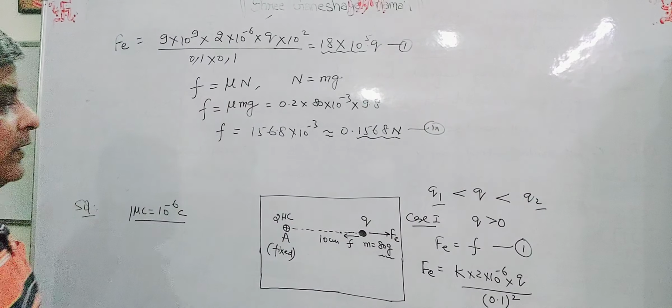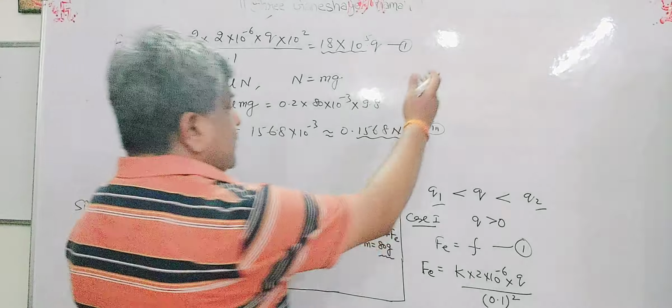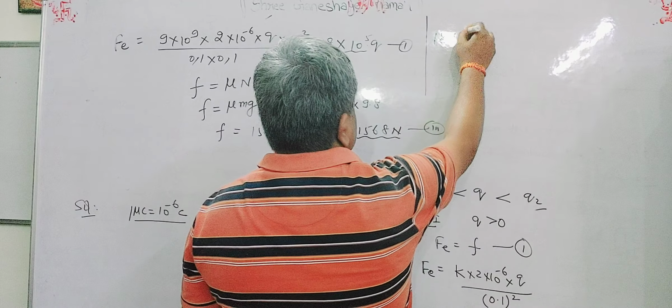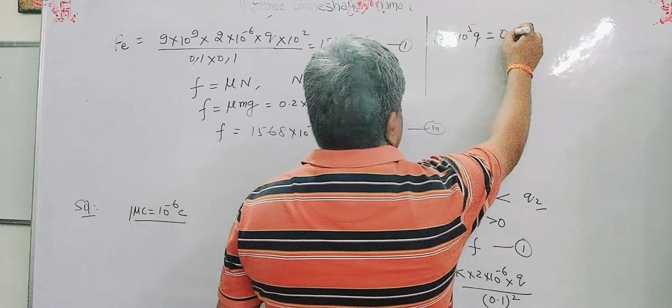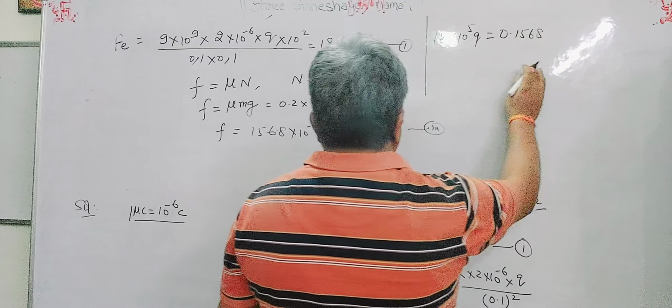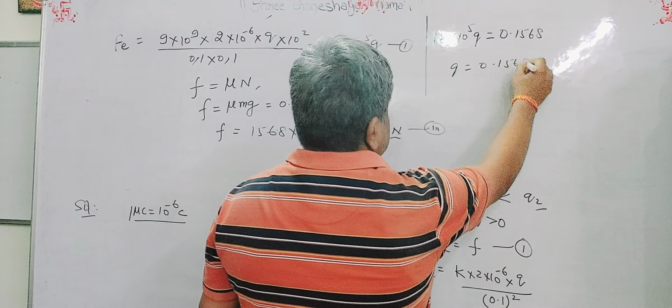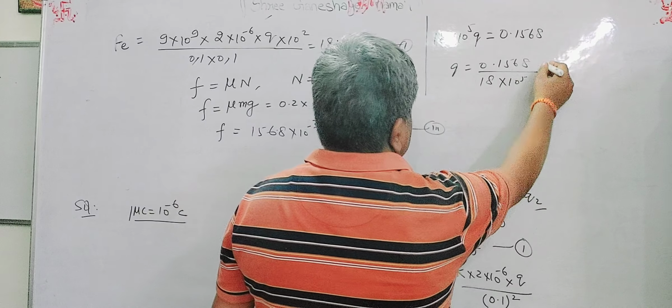Now we will put both the values Fe and F in the first equation, and we can easily calculate the value of Q. So let us use the space here for further calculation. 18 into 10 to the power 5 Q is equal to 0.1568. So Q will be equal to 0.1568 divided by 18 into 10 to the power 5.